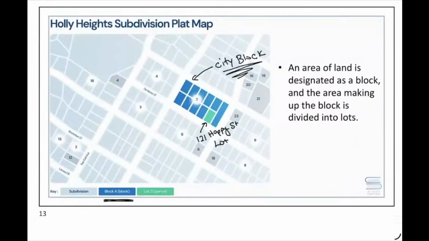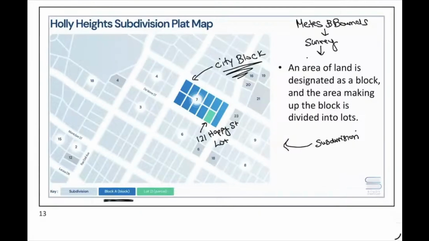And usually, once again, there's some layout of a map somewhere that'll tell you, hey, what subdivision are we even in? So they go hand in hand. Remember, so far we've talked about metes and bounds, which is what you see on a survey.